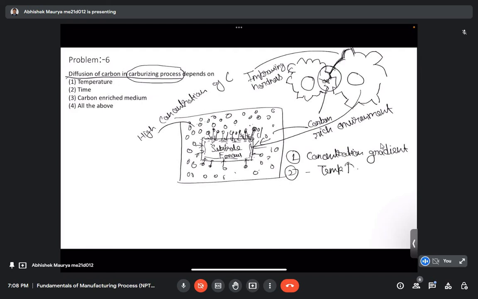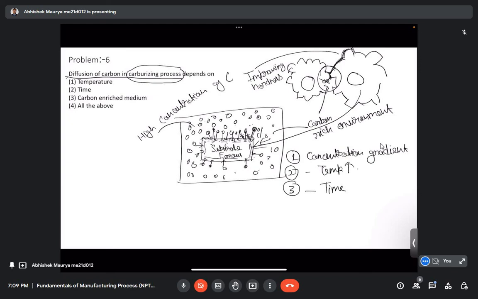And the third thing is the time. So we expose the substrate material to the carbon rich environment at high temperature. If we expose it for a shorter period of time, then the depth up to which carbon atoms will enter will be less. But if we give sufficient or more time, then the depth up to which carbon diffusion will happen will be higher.